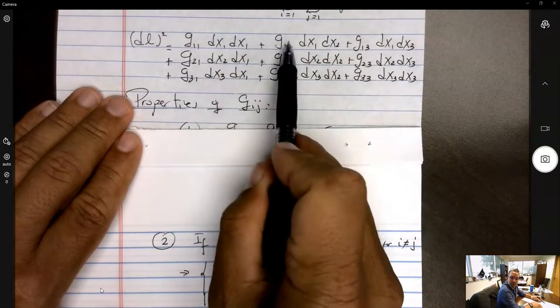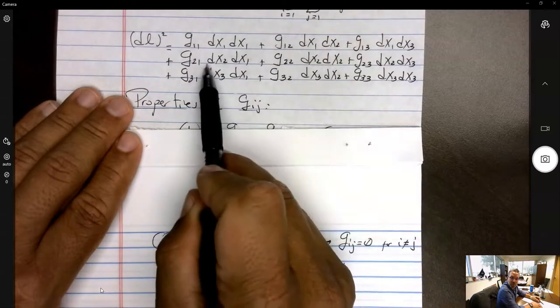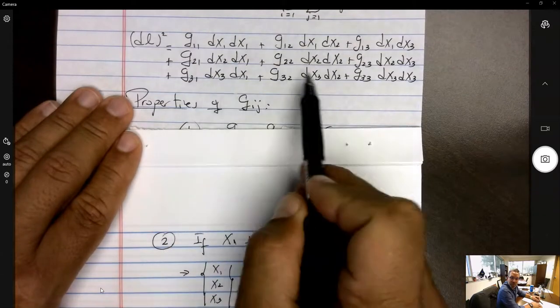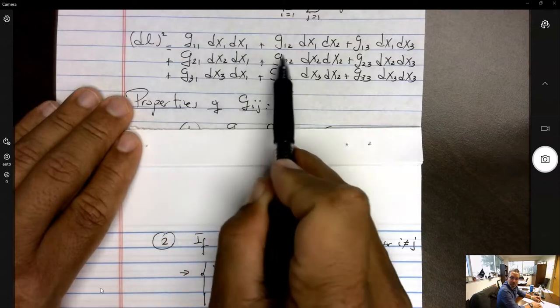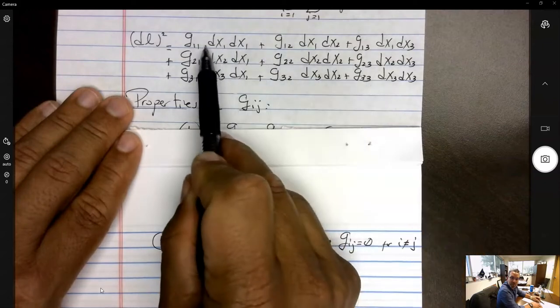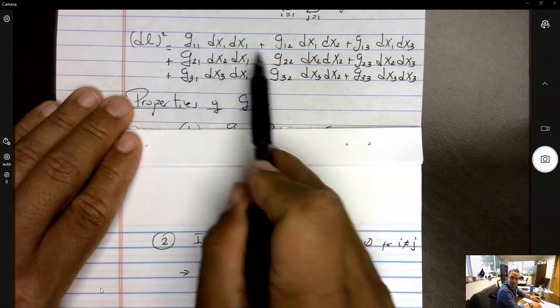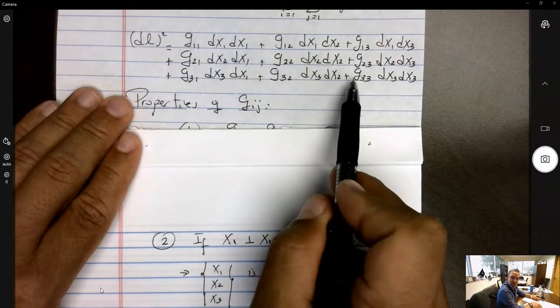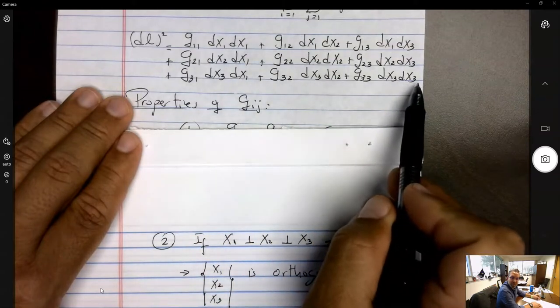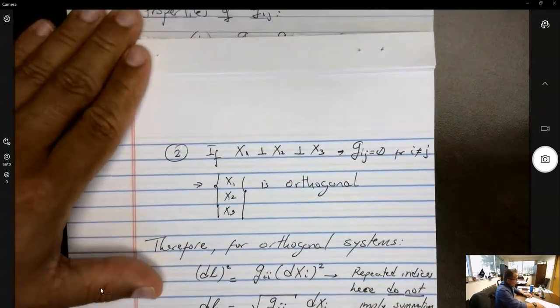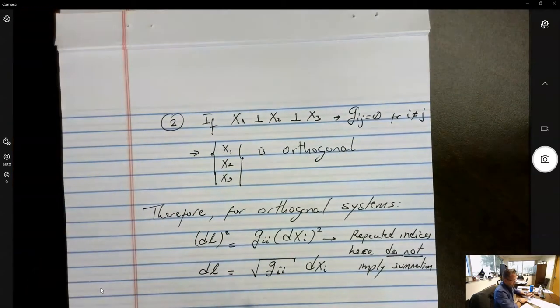Because G12 is 0, G13 is 0, G21 is 0, G23 is 0, G31 and G32 are 0. So the only ones that will remain are these. So it will simply be G11 dx1 dx1, G22 dx2 dx2, G33 dx3 dx3. And then we can just simply take the square root of that and express dl as this.